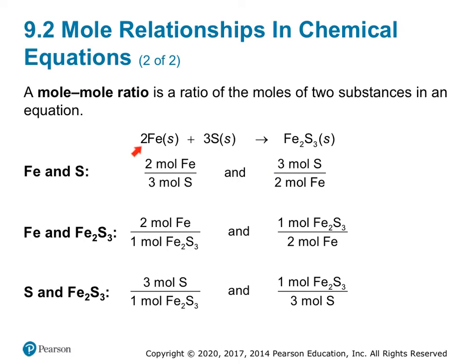In either case, the coefficient from the balanced equation is the number that we use in the mole to mole ratio. So we could set up one between iron and iron(III) sulfide. We could say that 2 moles of iron react to form 1 mole of iron(III) sulfide, or we could say 1 mole of iron(III) sulfide is formed from 2 moles of iron. We can do similar things between sulfur and iron(III) sulfide as well.